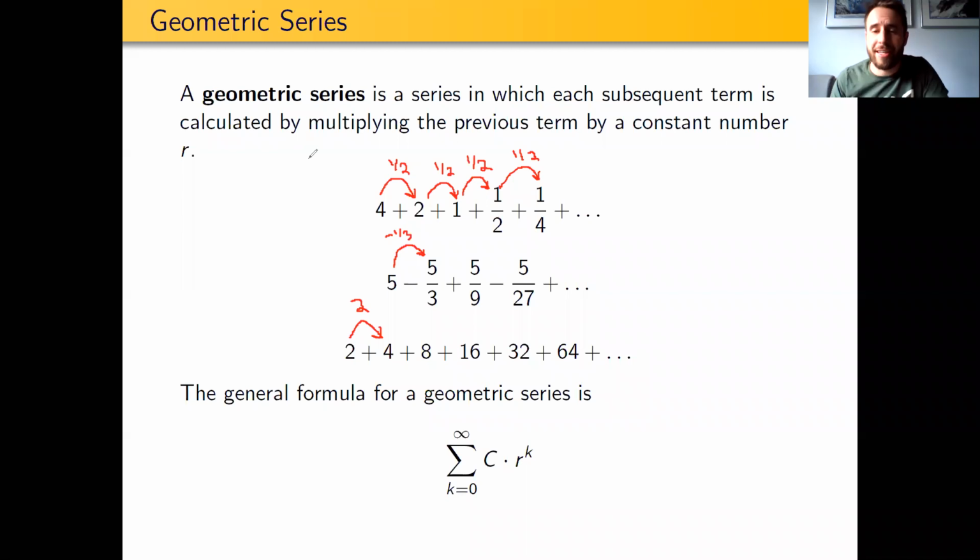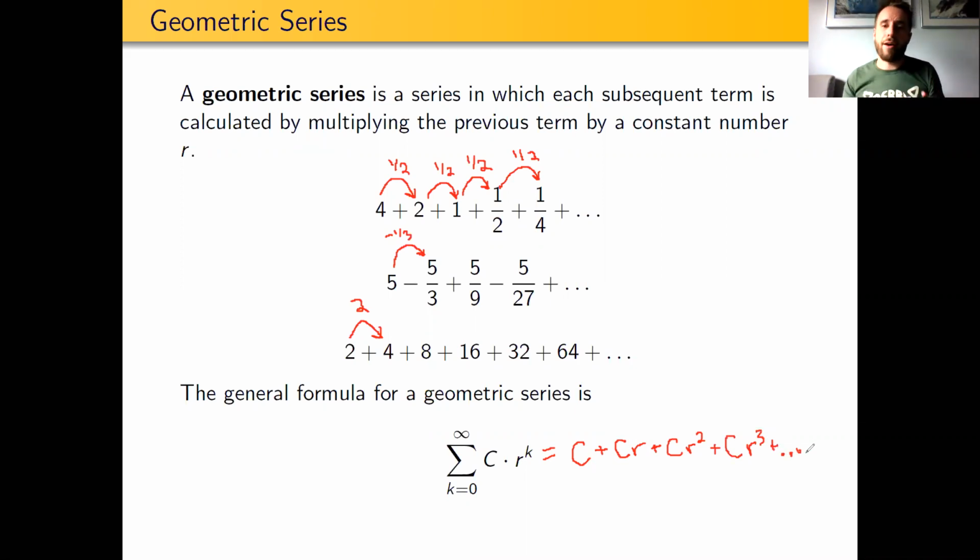Now we use 0 this time instead of 1, which we've been using in the past. But I just want to highlight that if we use 0, that will mean that my very first term will just become c times r to the 0, that's just c, plus c times r to the first, plus c times r to the second, plus c times r to the third, and so on and so on.